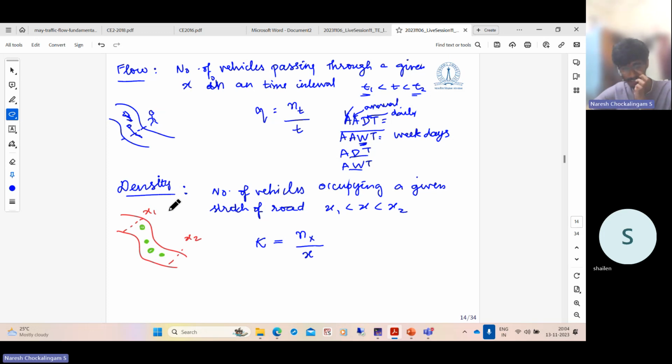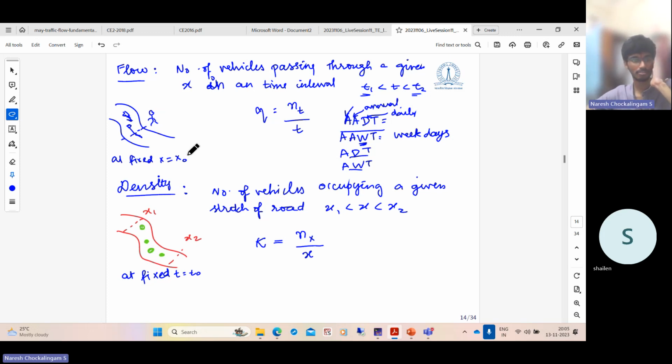So this is the density of traffic at time t. This is measured at a fixed time, say t equal to t now, and this is at fixed space, a fixed point equal to x naught. So this is how you define the flow and density.